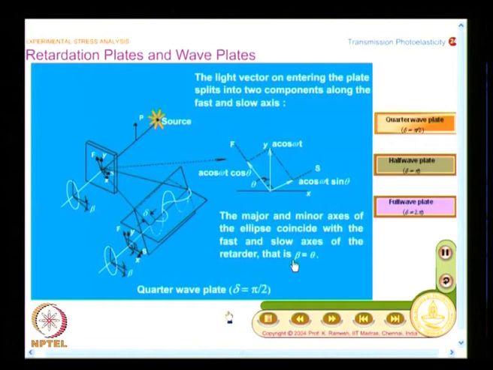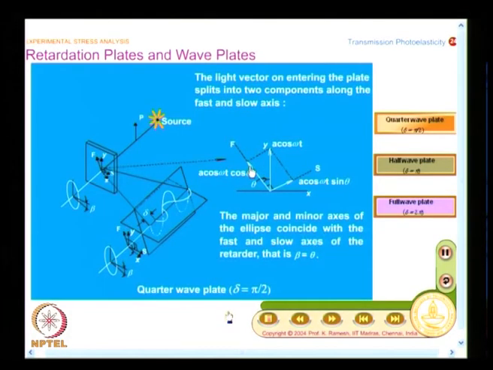So, what you get is beta equal to theta. You write only this statement, you do not have to redraw this complete figure. What you learned here is that the major and minor axis of the ellipse coincide with the fast and slow axis of the retarder.